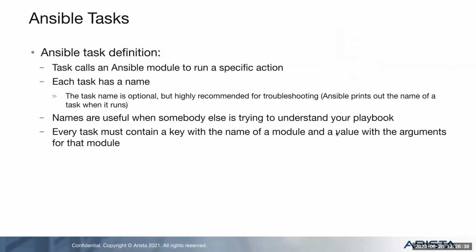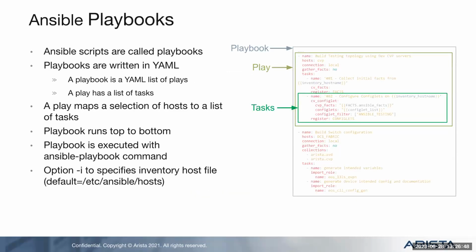So, tasks. This is the key component of an Ansible playbook. There is a diagram I'll show you here in a second where we break this out, but effectively a task is the smallest unit we will operate on. Tasks are composited into a play. Plays live in a playbook.